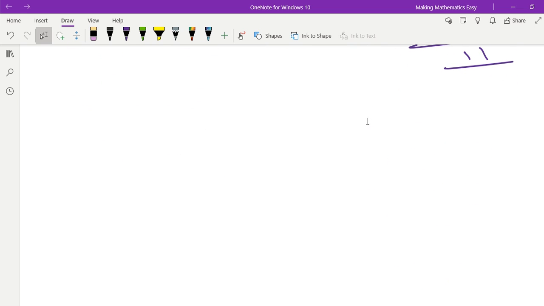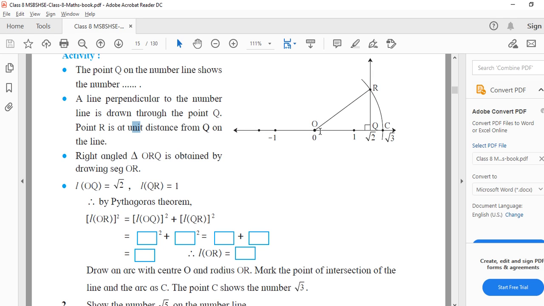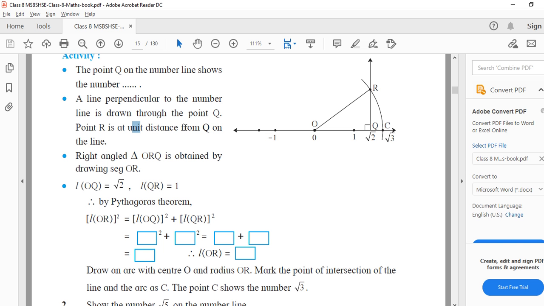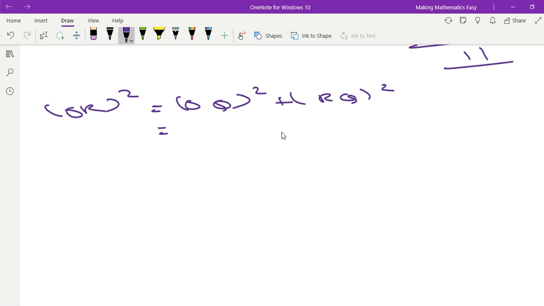So we have to find OR square, which is OQ square plus RQ square. Now we know the distance of OQ is root 2, so this will be root 2 square, and this is at a unit distance, so the measurement of this is 1.